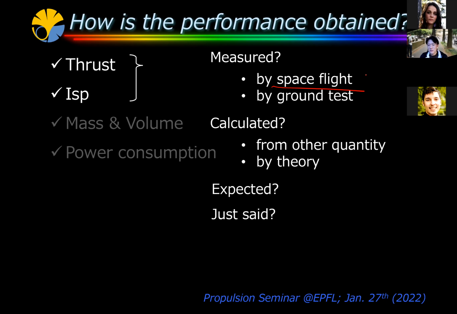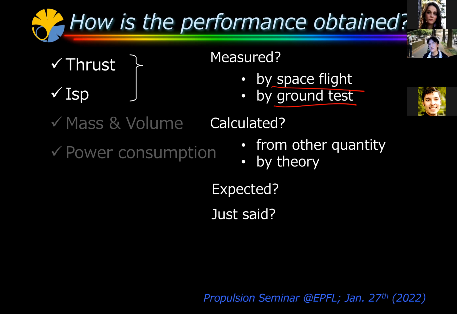But space flight is not so easy, and in many cases, especially under development, we measure thrust in a ground test, and we have a lot of methods to measure the thrust. In the case of chemical propulsion, usually we use a load cell force transducer to measure the thrust, and in the case of electric propulsion, the thrust is quite small.